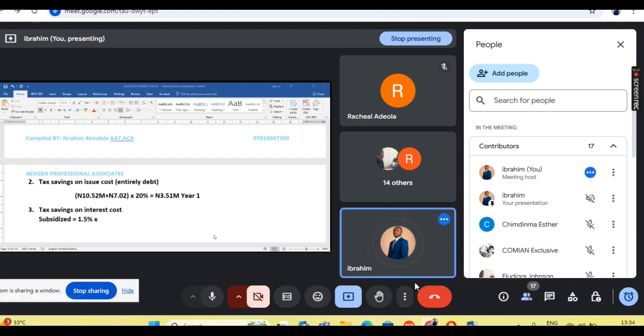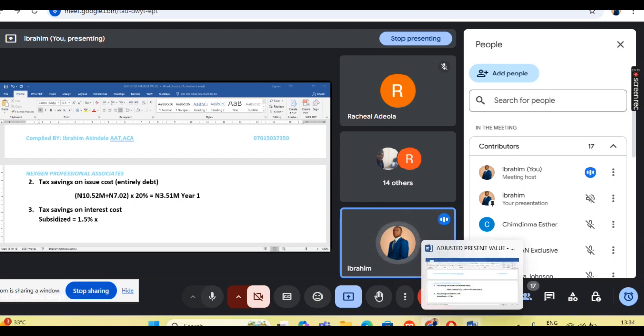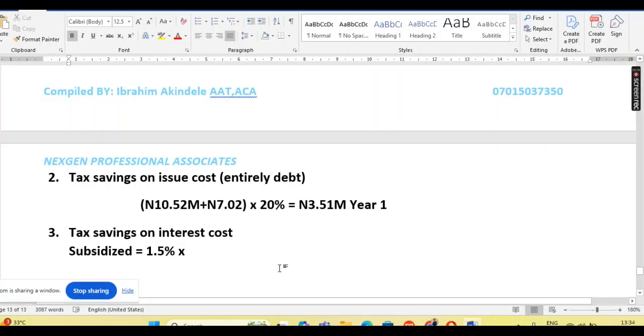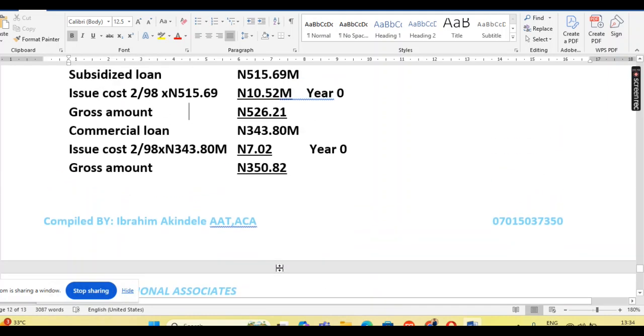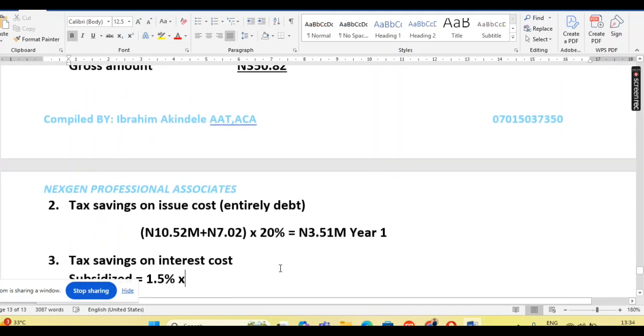In our previous lecture, we used the figure entirely, but in this question, we were told that it is financed entirely by debt. So the issue cost was stated on the gross amount of finance raised, which is both subsidized as well as commercial. Rachel, do you get that now? Yes, sir.